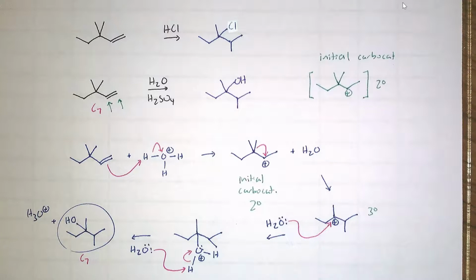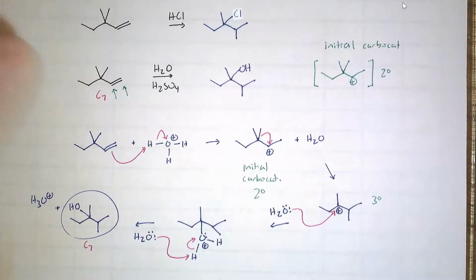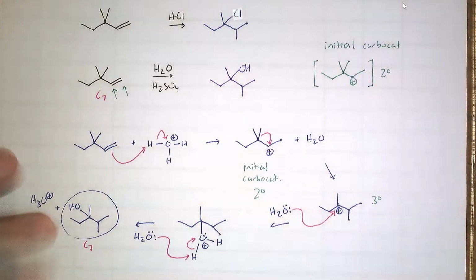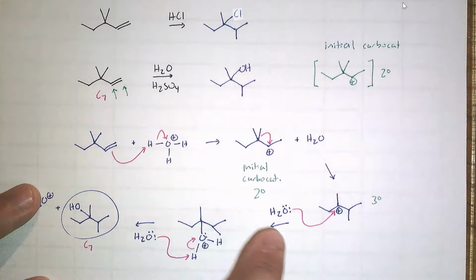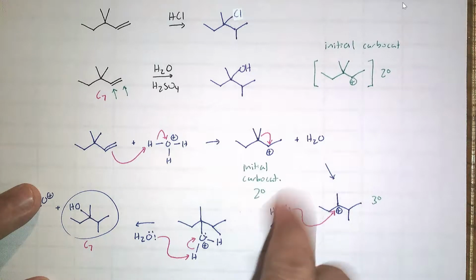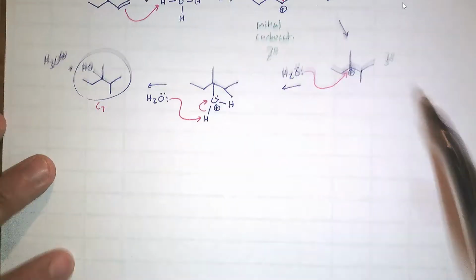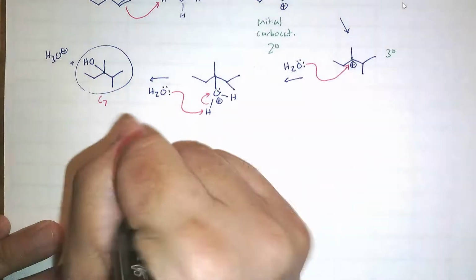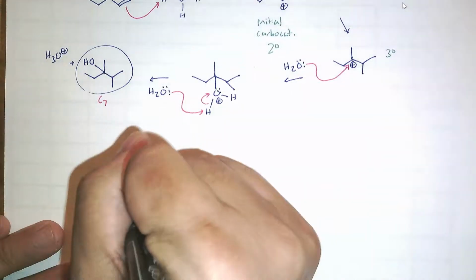Why don't I leave it at that? Because we saw an example of a hydride shift, and we saw an example of a methyl shift here. Actually, off the top of my head, let me go through a couple of molecules that would go through a shift.